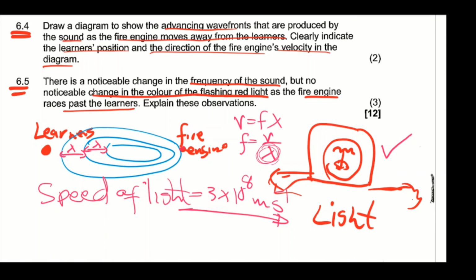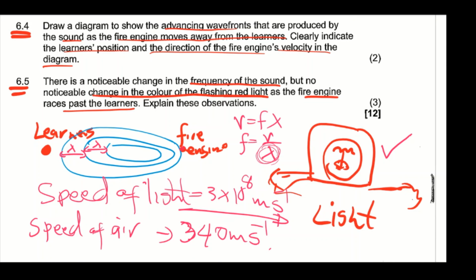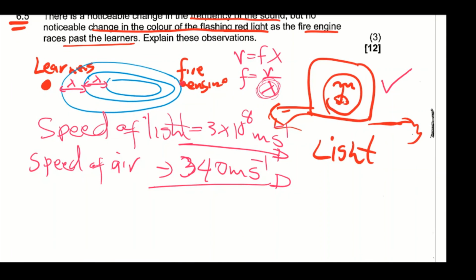And then the speed of air, we're given to be 340 meters per second. As you can see, the reason why you can't notice is purely because of this. You can just base it on this reason and say, okay, the speed of light, 3 times 10 to the power 8, is larger. The speed of air is 340 meters per second.